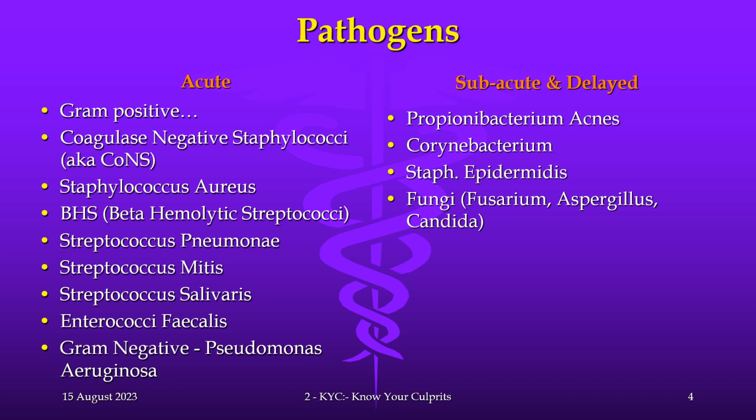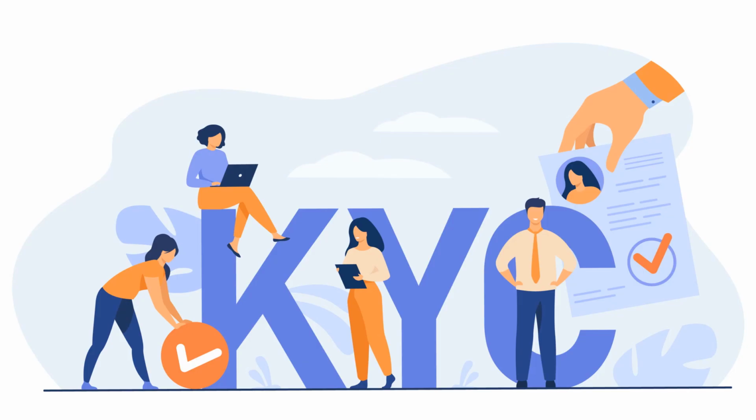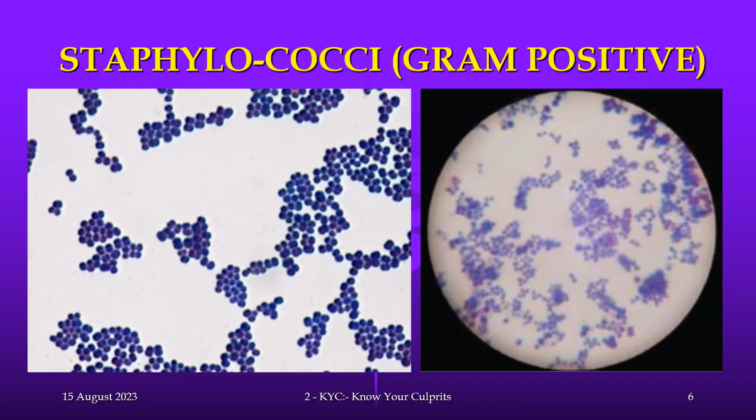Whereas for subacute and delayed endophthalmitis, the responsible pathogens are Propionibacterium acnes, Corynebacterium, Staphylococcus epidermidis, and fungi, namely Fusarium, Aspergillus, and Candida. We will do KYC of each one of these in depth and detail.